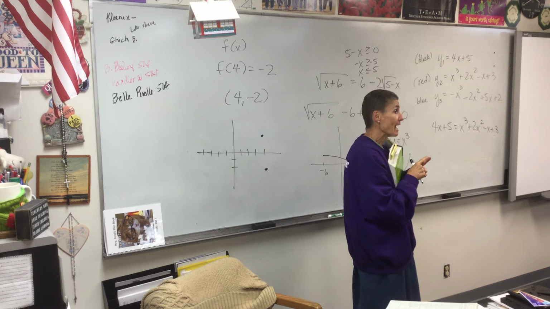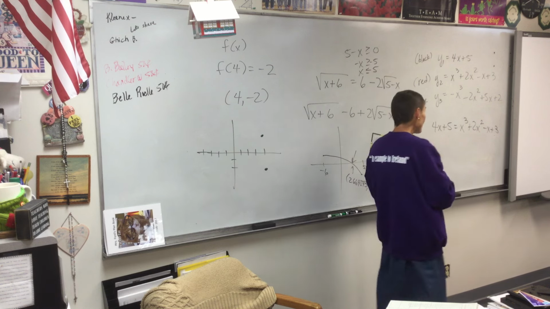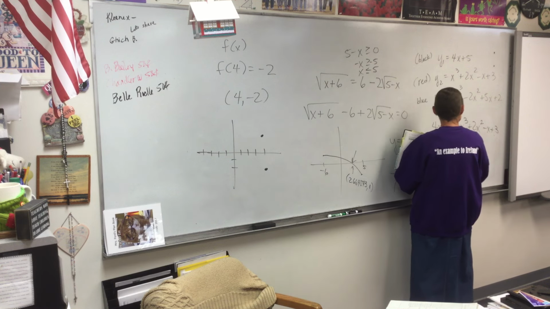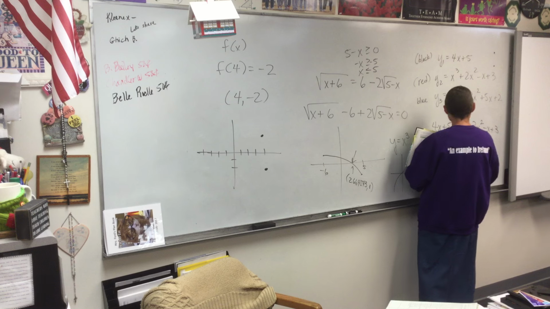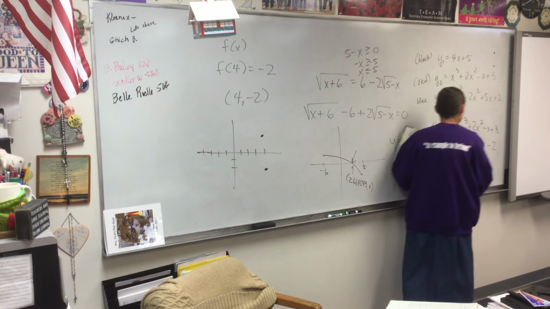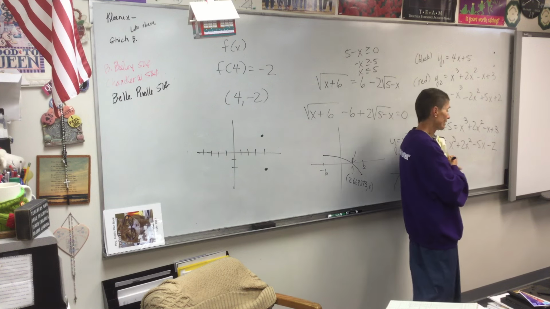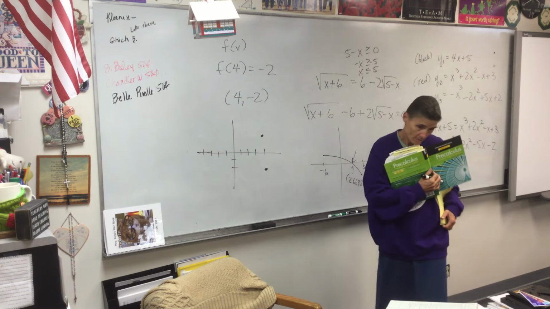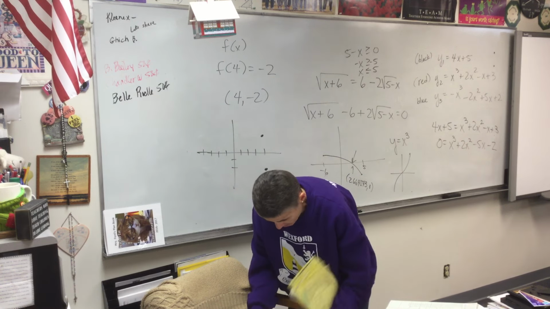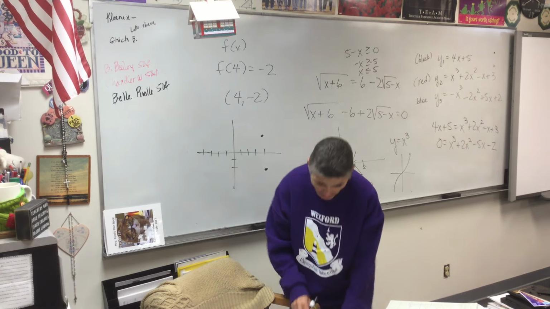Now, if I were going to do this, I would move everything over and get it set equal to 0. You don't have to do that, but that's how I would do it. I would type this into my calculator, and wherever it crossed the x-axis, that's where they would intersect.